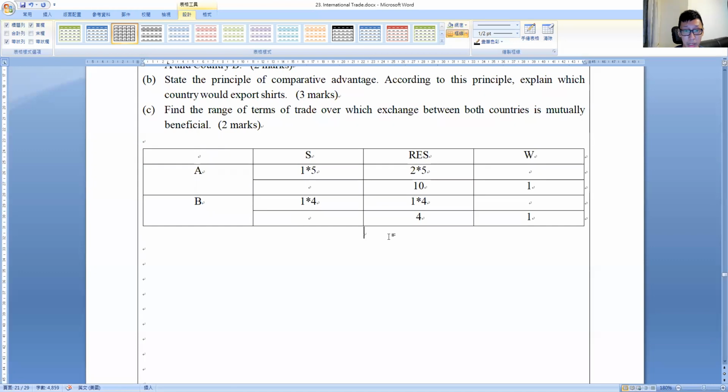Okay, so immediately we can tell the cost would be for country A, 1S equals 0.2 watch, or 1 watch equals 5 cert. Yes, earlier you couldn't see it. So here, 1 cert will be 0.25 watch. 1 watch will be 4 cert.